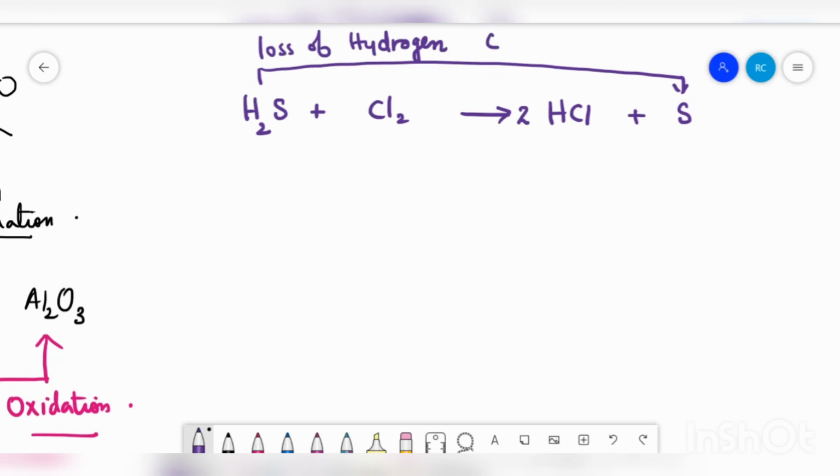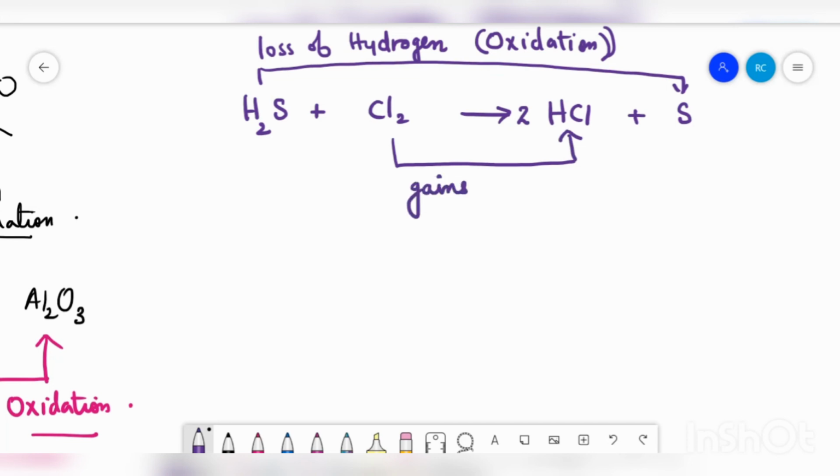This is called oxidation. Now, what happened to chlorine? Chlorine gains hydrogen. So this is reduction. So what is oxidation and reduction in terms of hydrogen? Loss of hydrogen is oxidation and the gain of hydrogen is reduction.